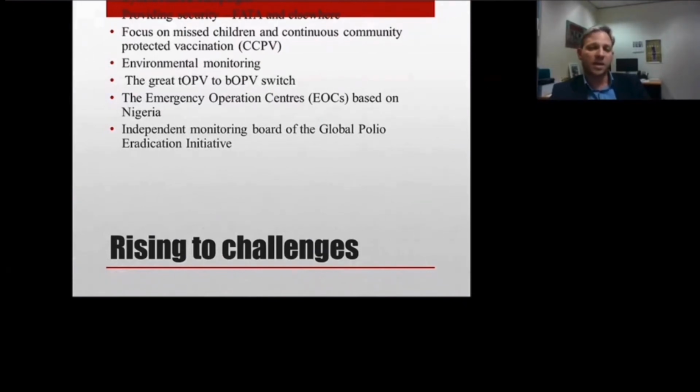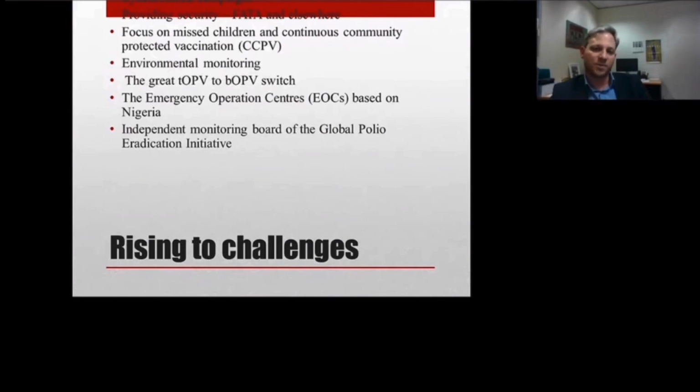Just in the last month, the trivalent oral polio vaccine has been switched to bivalent oral polio. There are 3 kinds of polio virus, 1, 2 and 3, surprise, surprise. But type 2 has been eradicated already from the world, but it was in the oral polio vaccine.